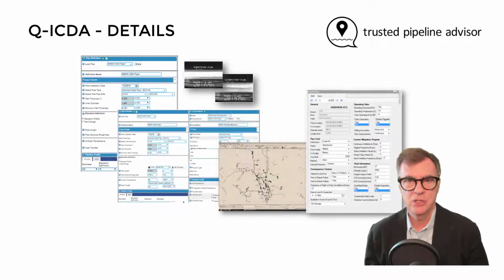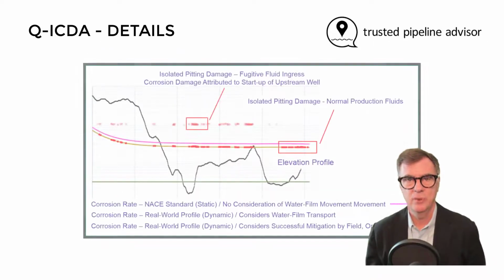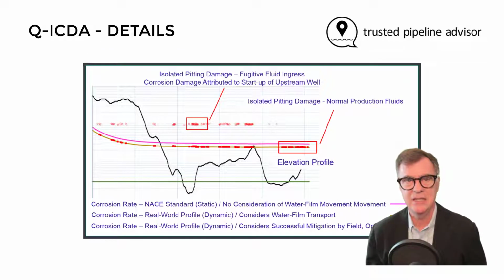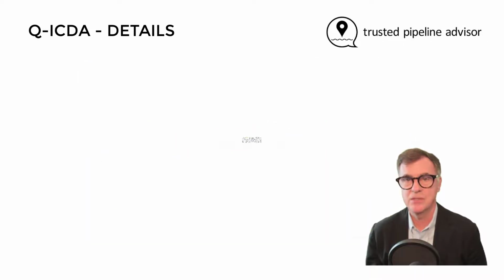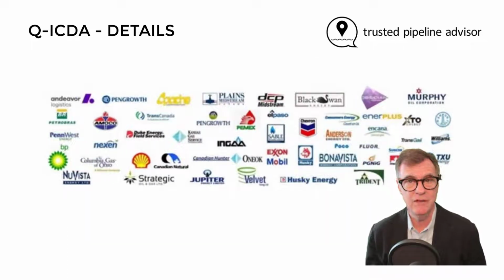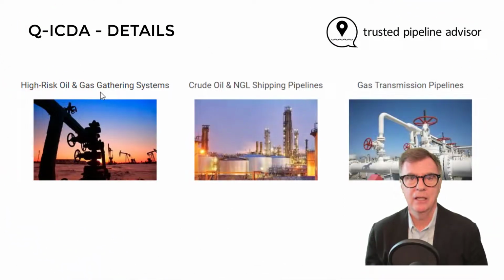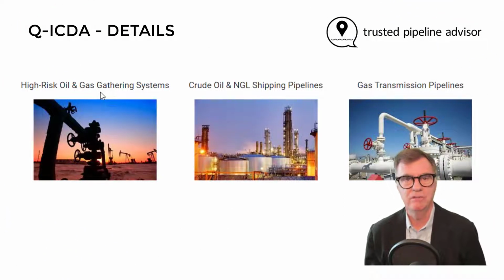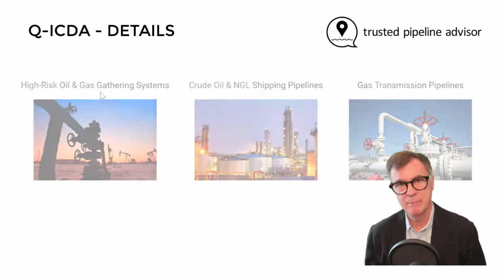The innovative combination of fluid hydraulic data coupled with corrosion mechanism algorithms embedded into the Q-ICDA method is well supported by industry and has proven effective for any pipeline classification that transports corrosive fluid by design or by mishap.